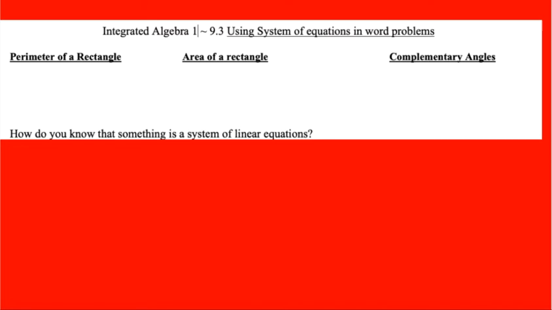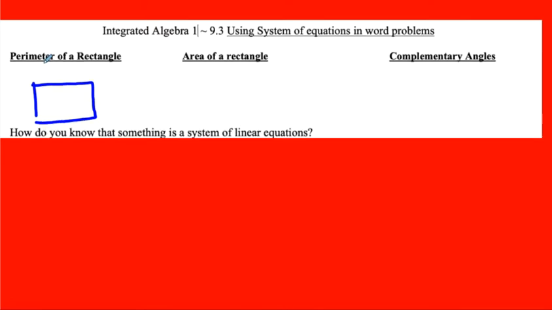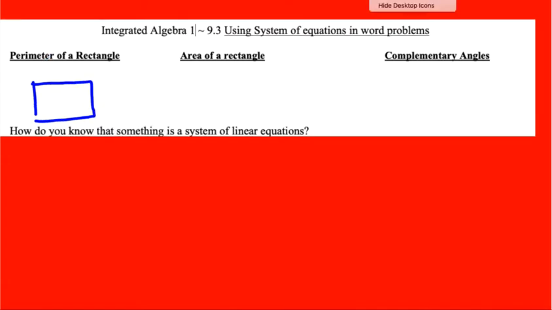So first I want to remind you of a few formulas that may or may not come up. The perimeter of a rectangle. We know that a rectangle has 4 sides. You should also know that it has 4 right angles and that opposite sides of the rectangle are equal, so you can mark them with these little congruent symbols like that.